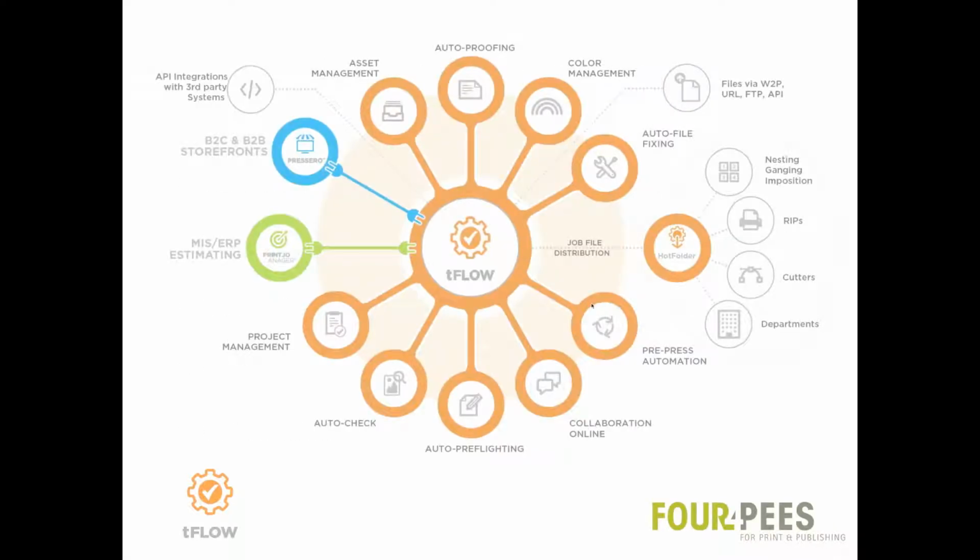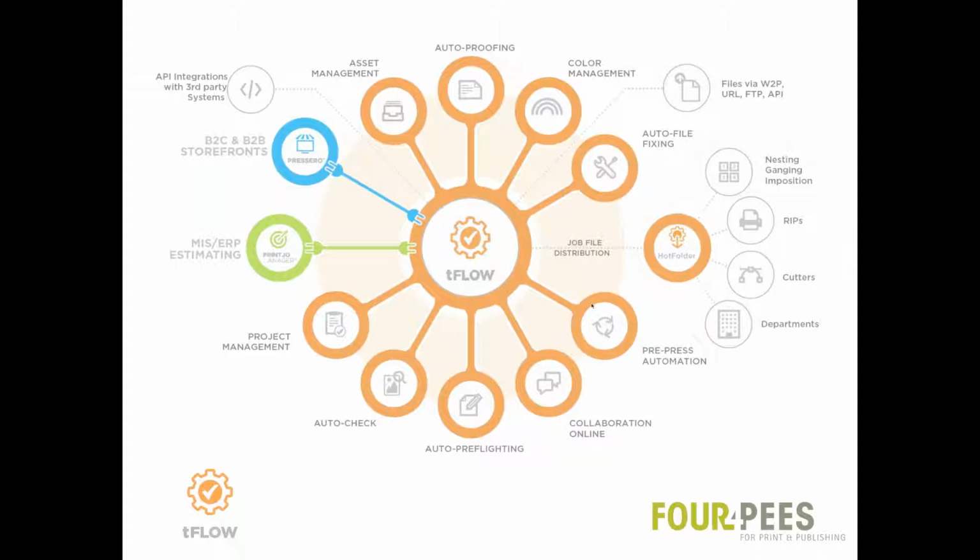The goal of tFLOW is really to automate as much as possible of that, at the same time taking a gradual approach, in the sense that tFLOW does quite a lot of things, and what you see in orange here is basically what tFLOW covers. So it will handle the project management, handling orders and jobs. It will pre-flight files. It will handle online collaboration.